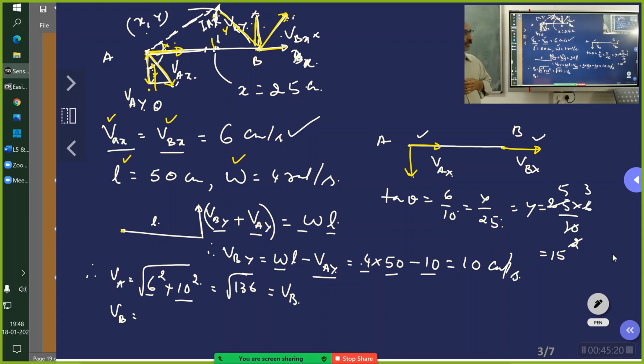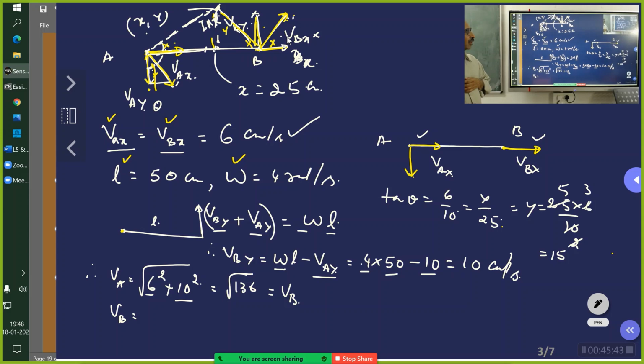Sir, at point B, when we find tan theta, opposite will be 10, then adjacent. Wait, you want to take this one? The angle between the final resultant and the VBX, this one, theta.